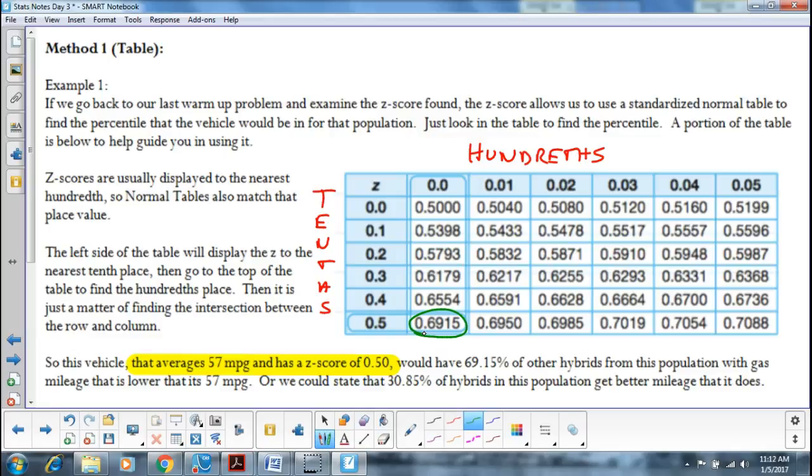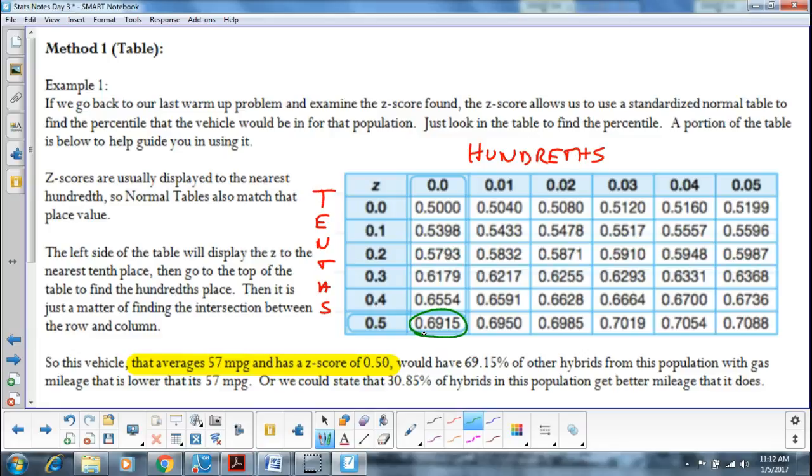To get what's above, I have to subtract that from 100%. So there's 69.15% of the population below that level, and there's 30.85% above that level. But your Z chart only tells you what's below. You got to do some extra math to get above.